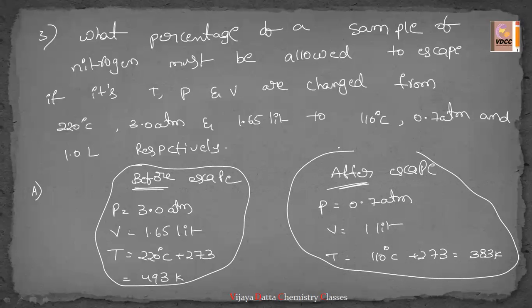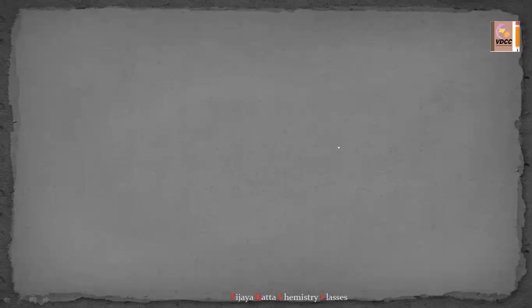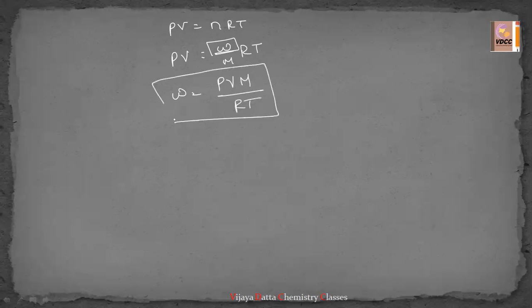Here I am going to use the formula PV equal to nRT. We know n is nothing but weight by molecular weight, then PV equal to weight by molecular weight into RT. Here we want to calculate weight, then W equals PVM by RT. This is the formula I am going to use.